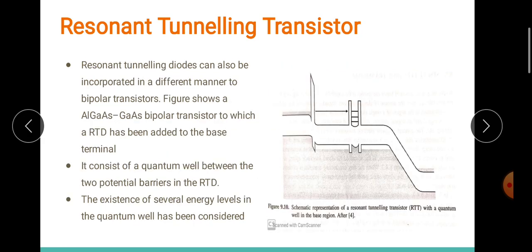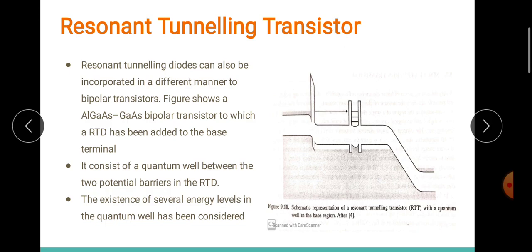Again they have shown another resonant tunneling transistor with a quantum well in the base region, and what material have I used here? By seeing the band diagram itself, you must be able to guess. This is again the aluminum gallium arsenide and the gallium arsenide region. I hope you could guess it.